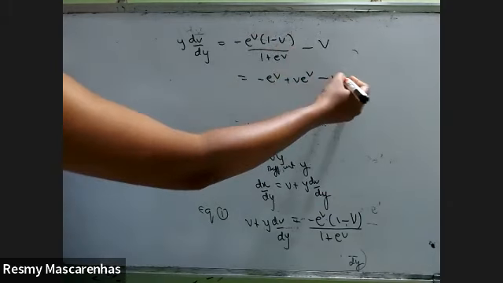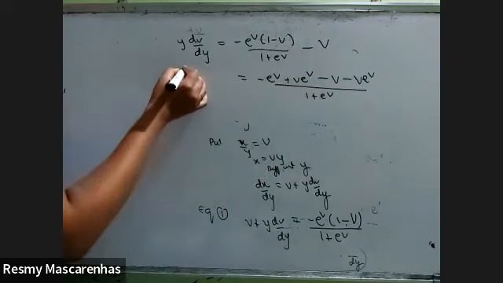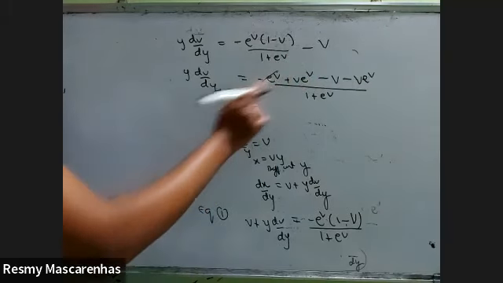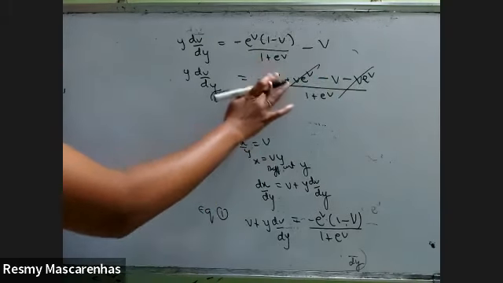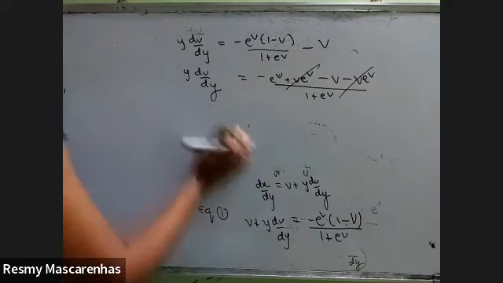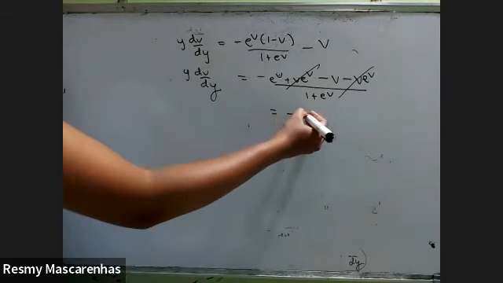Minus v into 1 is minus v. Sorry, the other one. This and this will cancel. Now write it again and then separate out the term. Minus you can take out common.